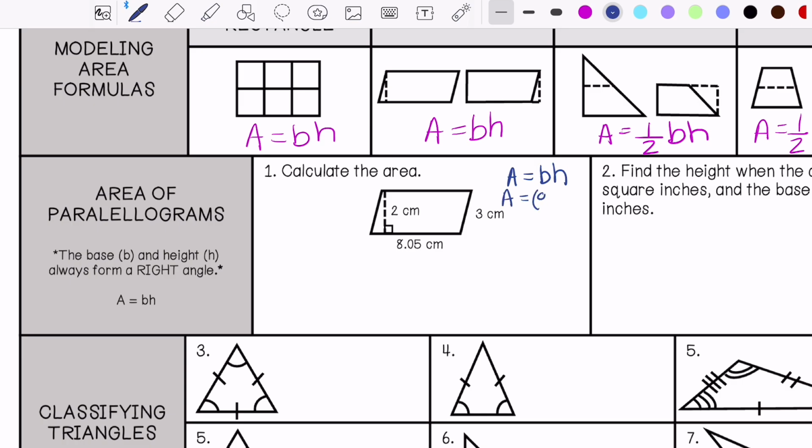The base is 8.05. My height is 2. And I'm going to solve this. So my area is 16.1 centimeters squared.